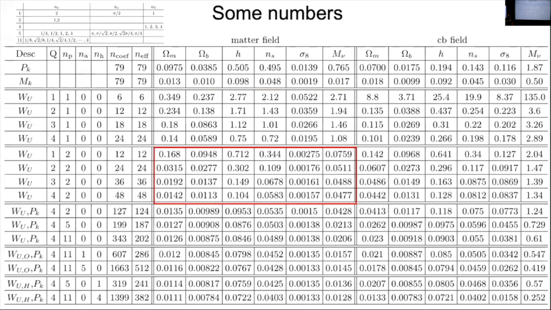And suddenly the constraints, and let's just look at the neutrino axis here. From 0.76, the constraint drops by a factor of 10. Note that on the other side of this plot, you've got the CB field from which I take the derivatives, and the neutrino constraints don't improve that much, but for the total matter field, they do. Then, if I add the power spectrum to my wavelet descriptors, I get a slight improvement.